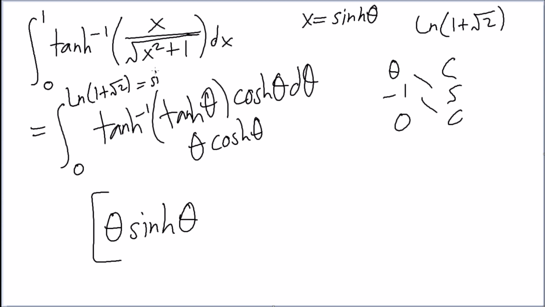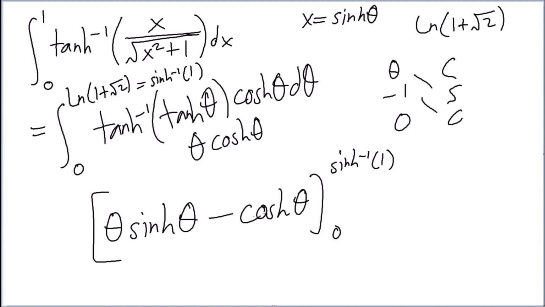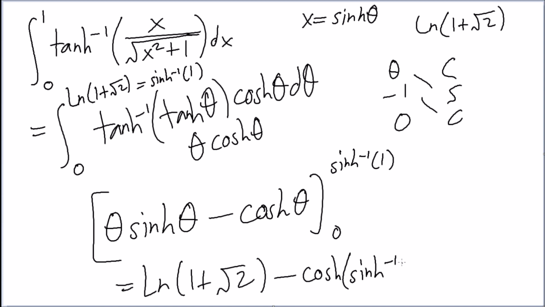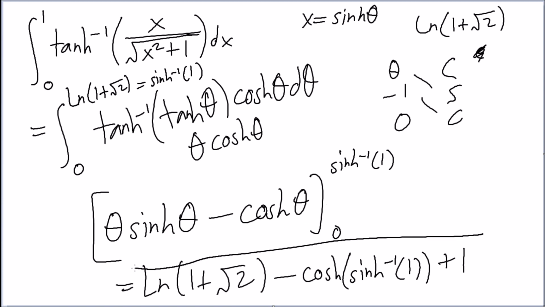I guess I could just leave it as inverse sinh of 1, but then here this is cosh theta from 0 to inverse sinh of 1. This is just 1, so we get ln 1 plus root 2 minus, I don't know what this equals, so I'm just going to leave it. And then we also have minus, let's see, 0 cosh 0 plus 1. And I think this is our answer.